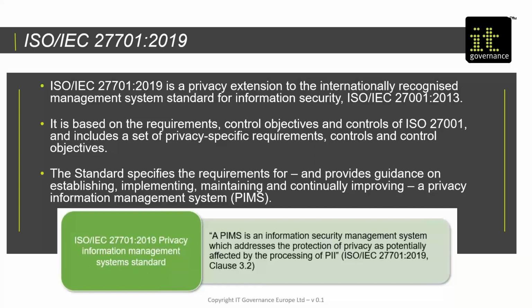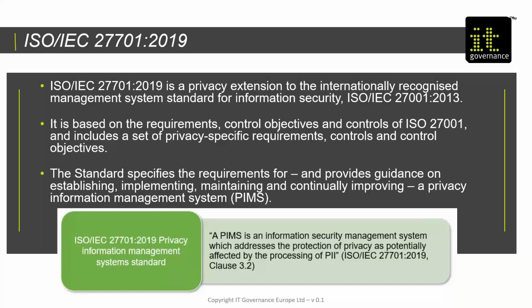So as an organisation, you cannot become PIMS certified unless you have already certified with an ISMS standard or you are implementing both ISMS and a PIMS together. The PIMS standard is based on the requirements, control objectives and controls of an ISMS, but it focuses on privacy-specific requirements. So its requirements concentrate on implementing, maintaining and continually improving a PIMS.